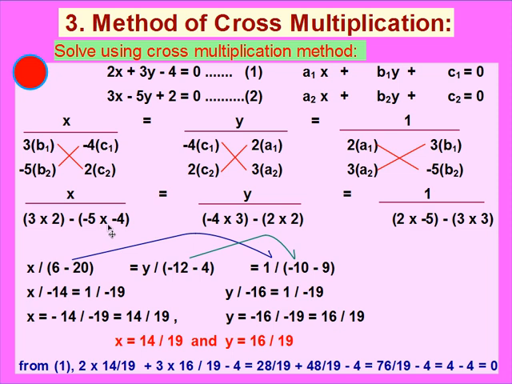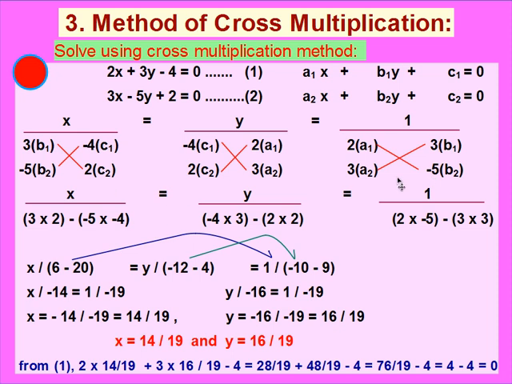So x upon 6 minus 20 because it will remain positive, so it will become minus. y upon minus 12 minus 4 and 1 upon minus 10 minus 9. And then we can compare x to 1 and y to 1. So x upon 6 minus 20, so it becomes x upon minus 14 equal to 1 upon minus 19. So you compare with both, with x also and with y also.